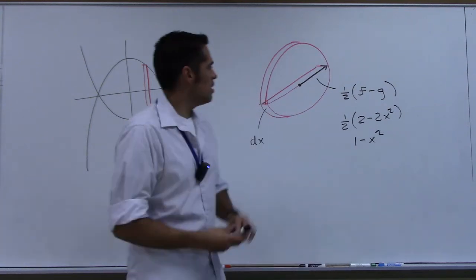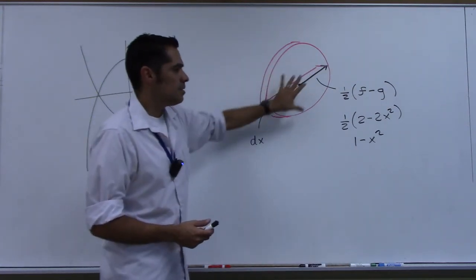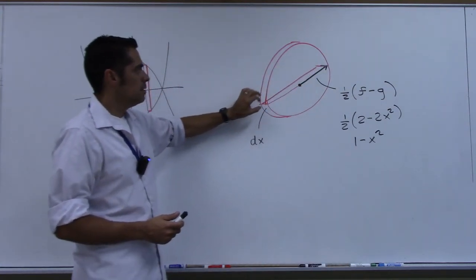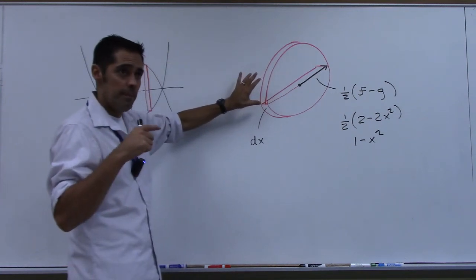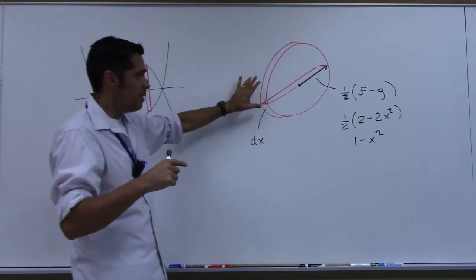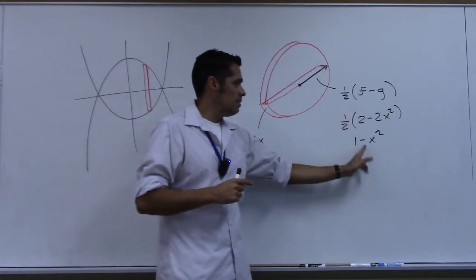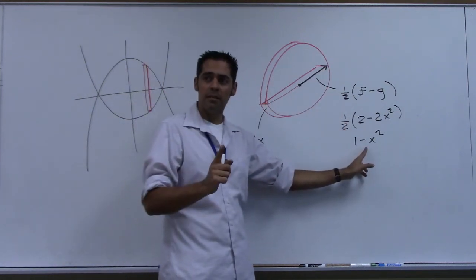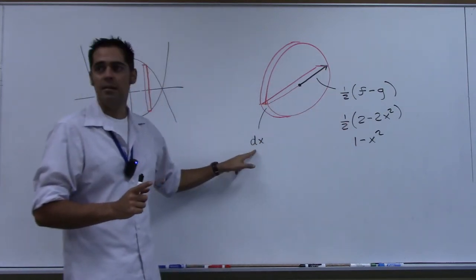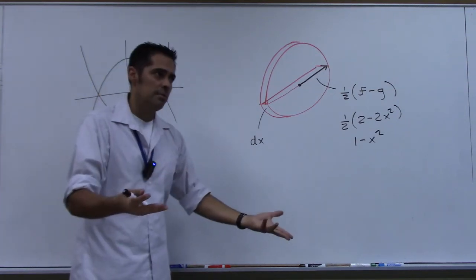So what is the volume of this sliver here? It's pi times this squared times the height. And then we need to add them all up.